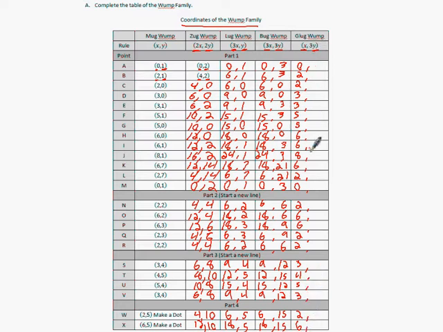Now, 3 times the second number. Well, we just did that right here, so I'm going to copy all these numbers down. So we have 3, 3, 0, 0.